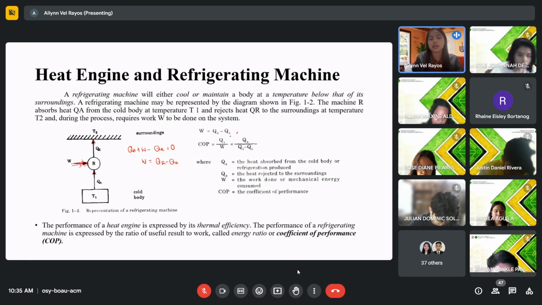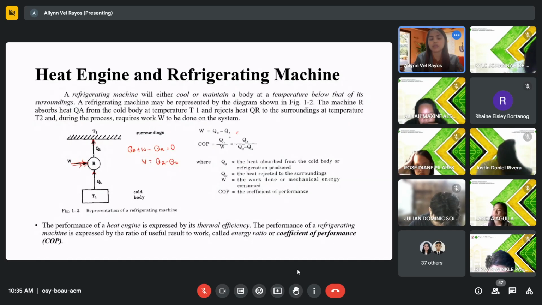Since the main function of the refrigerating machine is to maintain a body at a temperature below that of the surroundings, ibig sabihin, its use is to remove heat from the cold body. Kaya ang coefficient of performance is QA over work input.